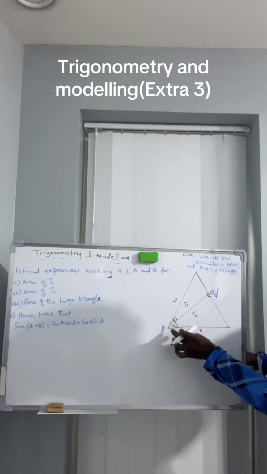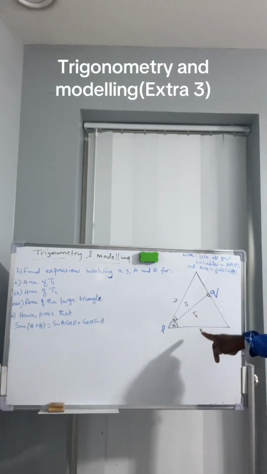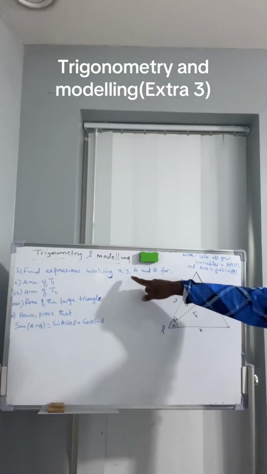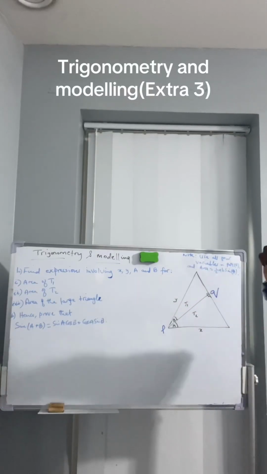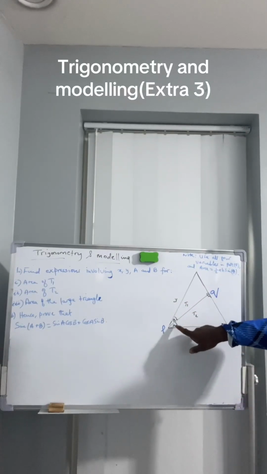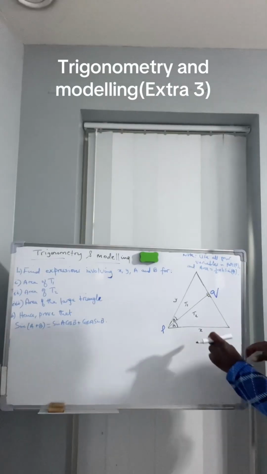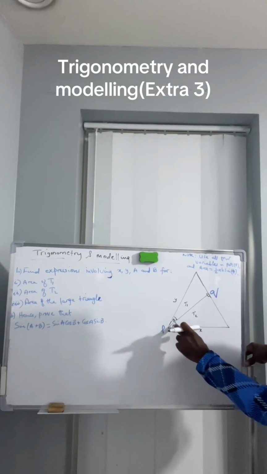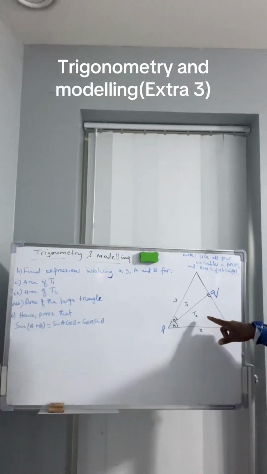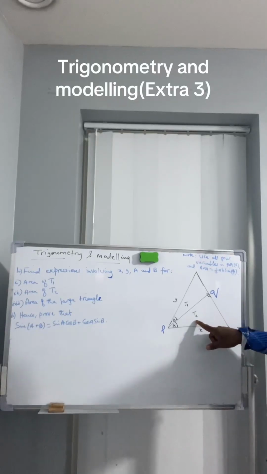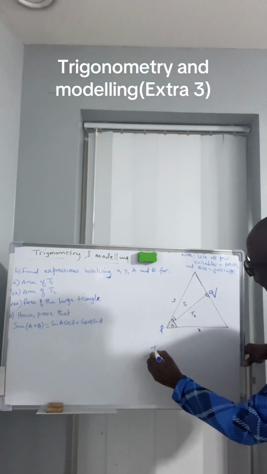So to get all these variables in one equation, you should look at triangle T2. From there, you can get PQ. So triangle T2 will come first.